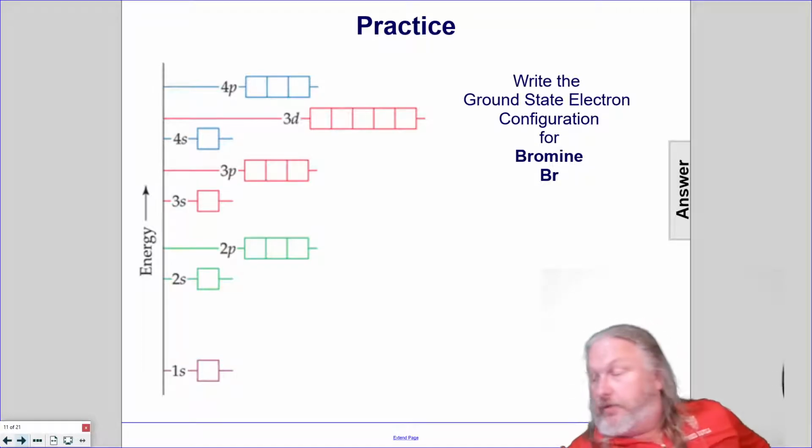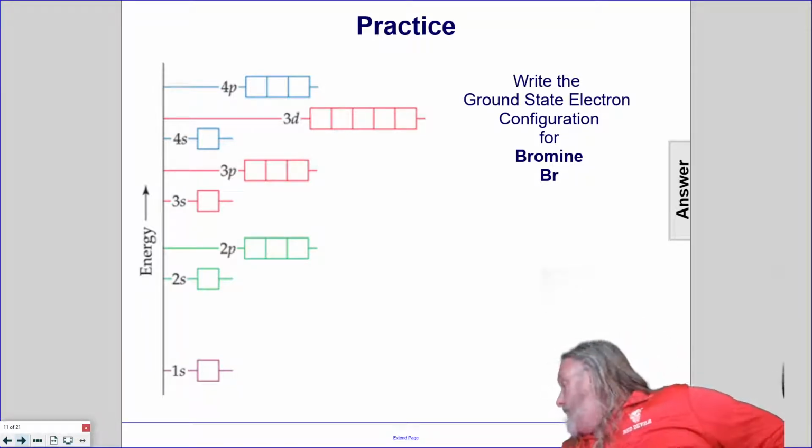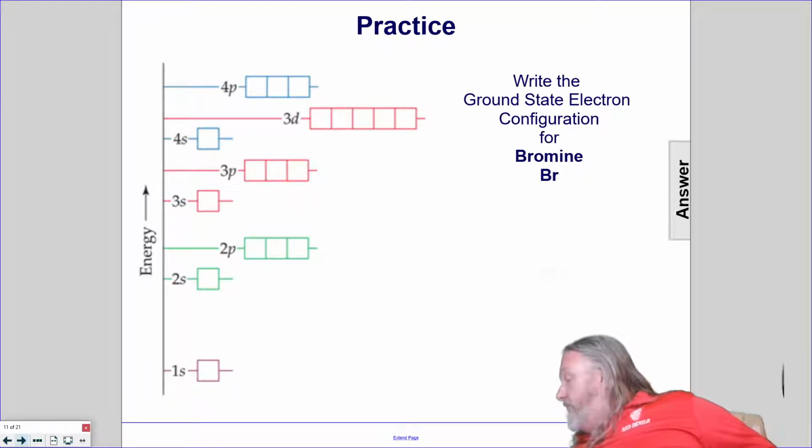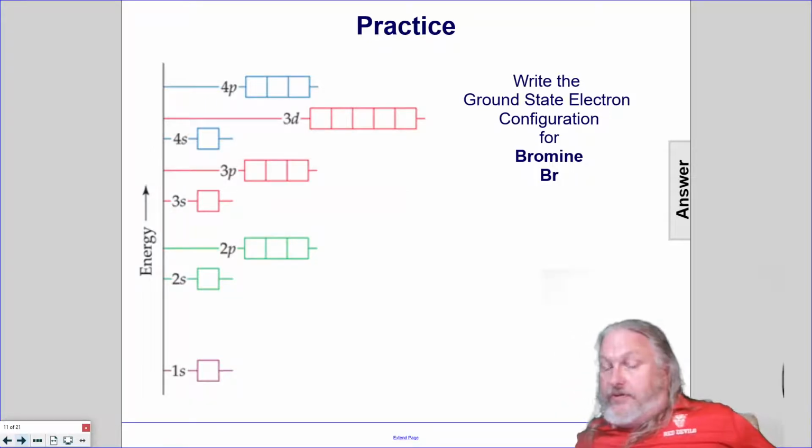Let's finish up with bromine. Bromine is element number 35.